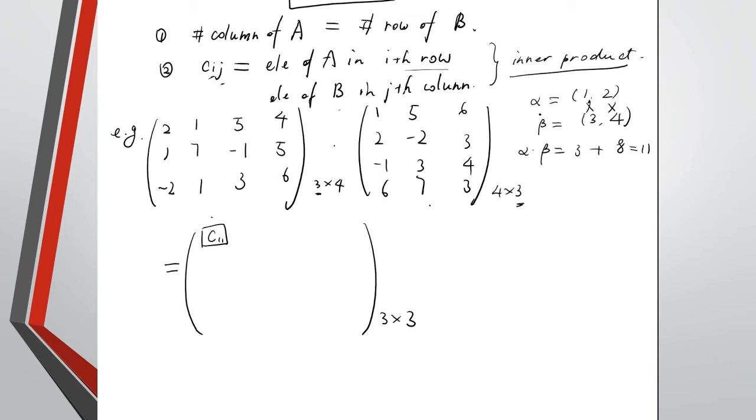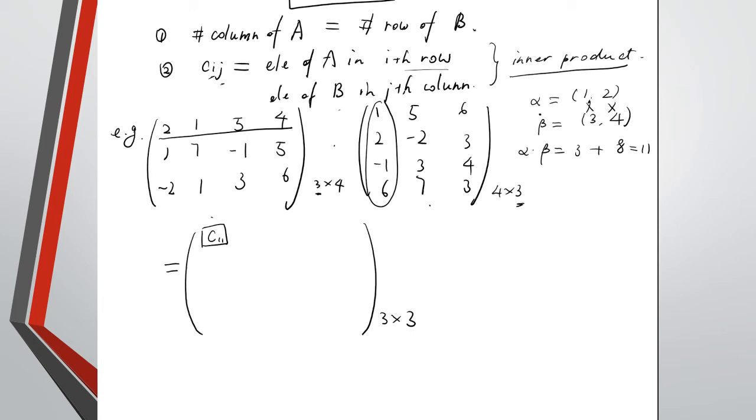For C11, the first subscript means the first row from the matrix A, right? And the second number, which is also 1, means the first column from the matrix B. So then you can do the inner product of these two vectors.